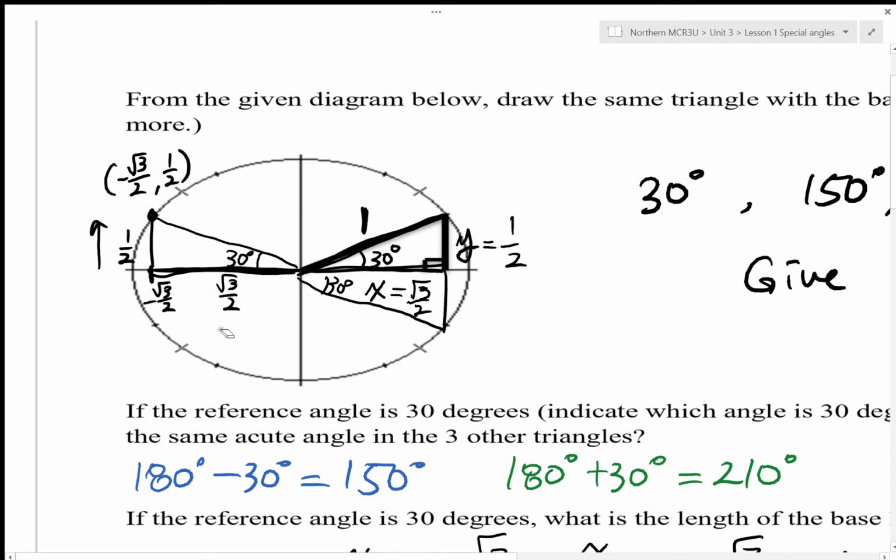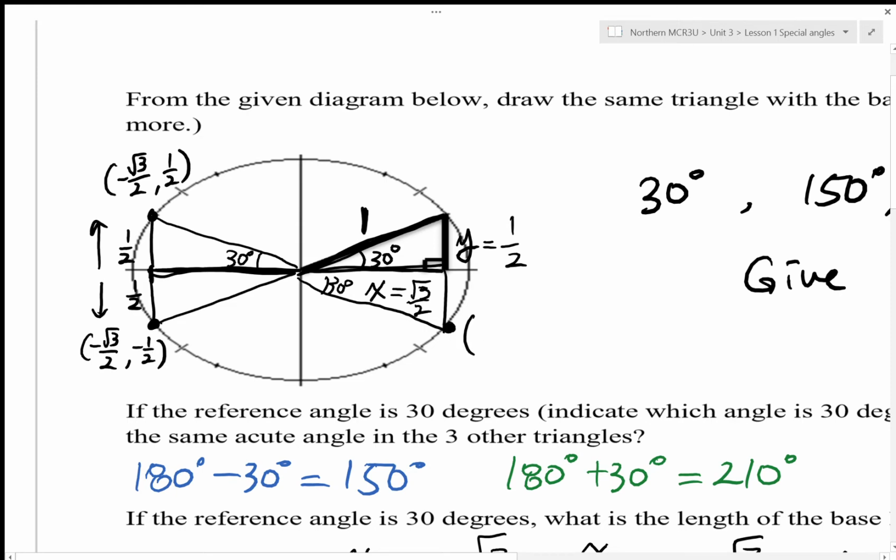And same thing applies to the next triangle, which is right here. This now has the height of 1/2, but it's now going downwards. So then it will be negative square root of 3 over 2, comma, negative 1 over 2. And this point is the same way.